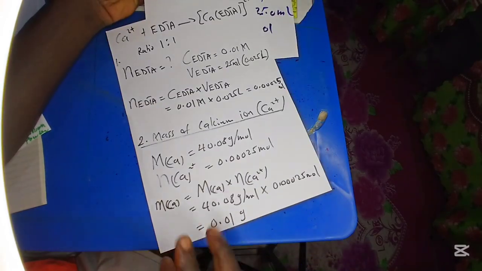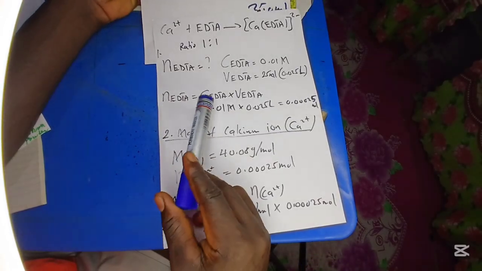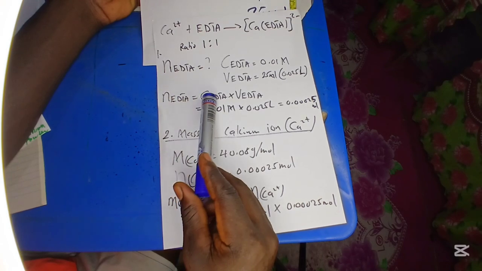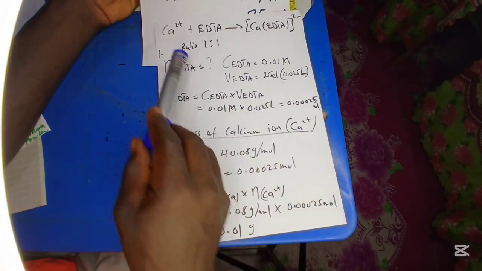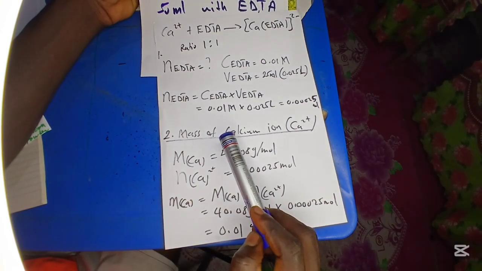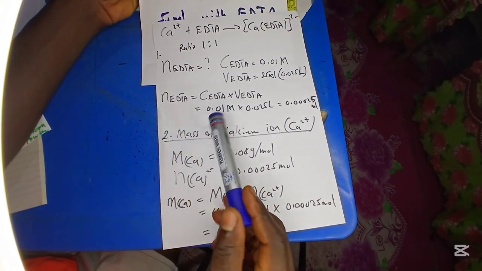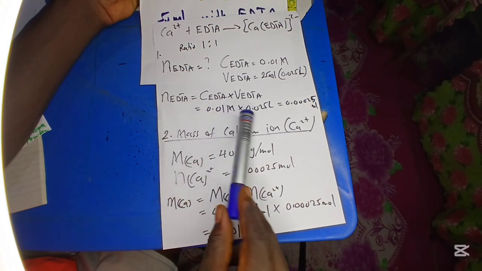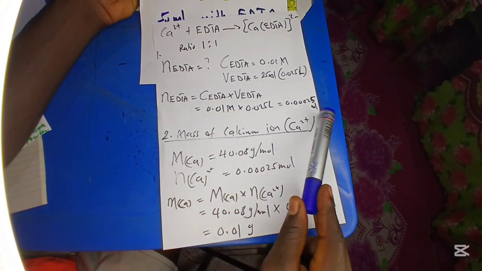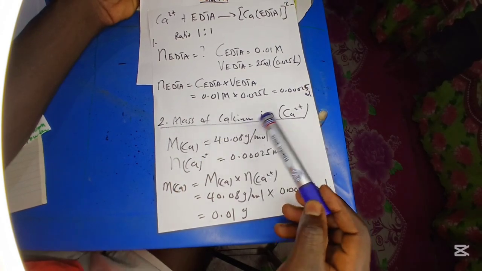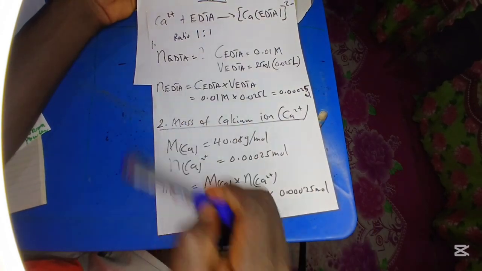What we can do is calculate the moles of EDTA, because the moles of EDTA is going to be the same as the moles of Ca2 plus. So we calculated the moles of EDTA to be 0.0025 moles. So that is definitely going to be the moles of Ca2 plus, because the ratio is 1:1.